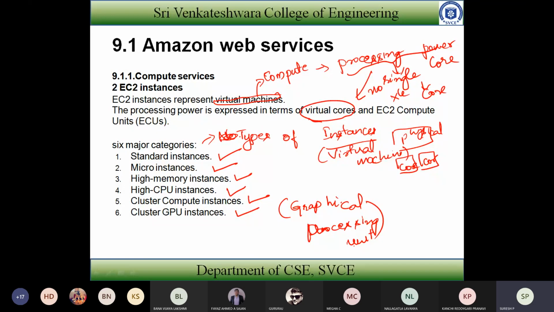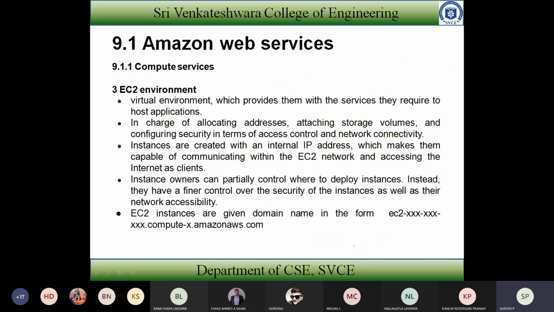So basically there are 6 different instances. What are they? Standard instances, micro instances, high memory instances, high CPU instances, cluster compute instances, and cluster GPU instances. Next, when it comes to the service, what is it going to provide?